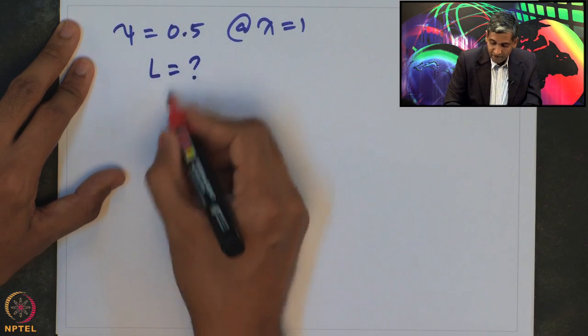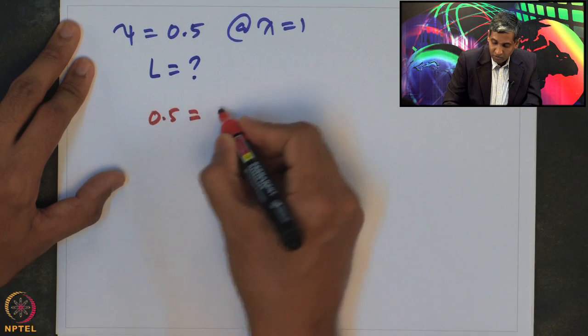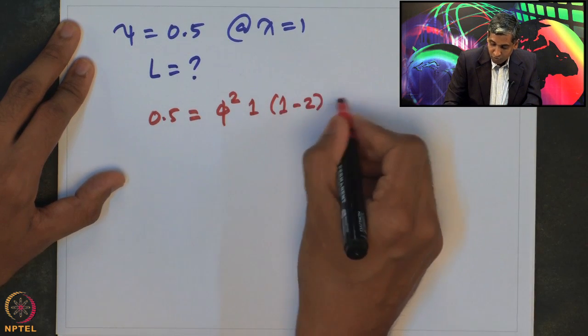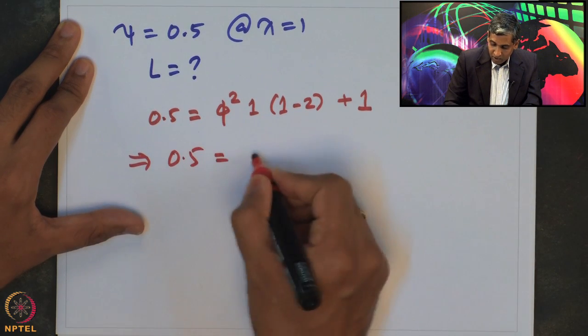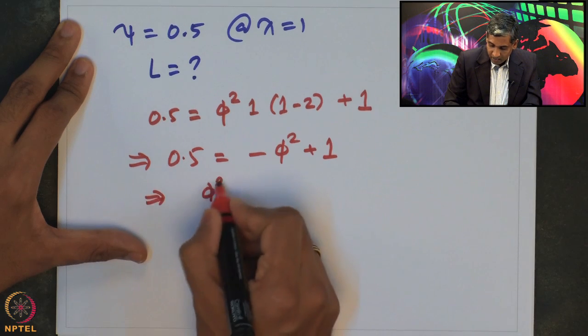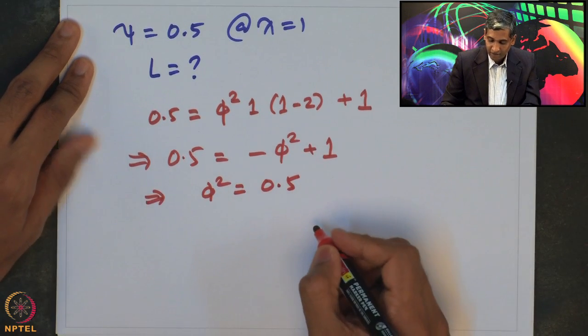So, we can easily find this using the same procedure. So, psi, which is 0.5, is equal to phi square into lambda is 1, 1 minus 2 plus 1, and so that is 0.5 equals minus phi square plus 1, or phi square is equal to 0.5.